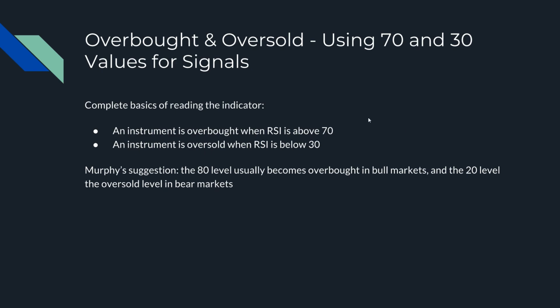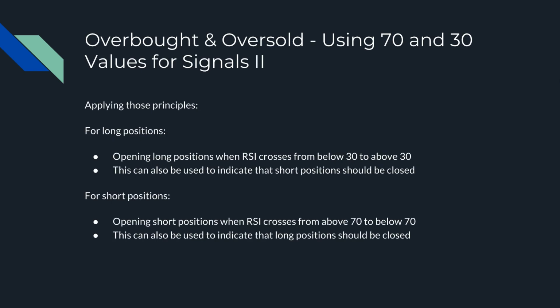So now that we know about these 70 and 30 levels, how do we actually use them to generate trading signals? If you want to go long, it makes sense to open long positions when the RSI crosses from below 30 to above 30. Let's think about this logically for a second, because this is a concept you need to understand, and it makes the whole thing make a lot more sense.